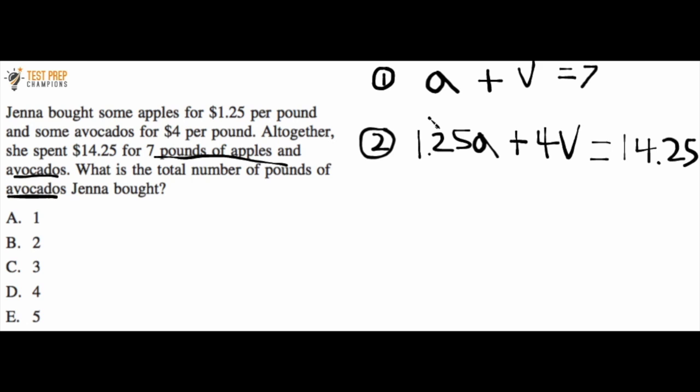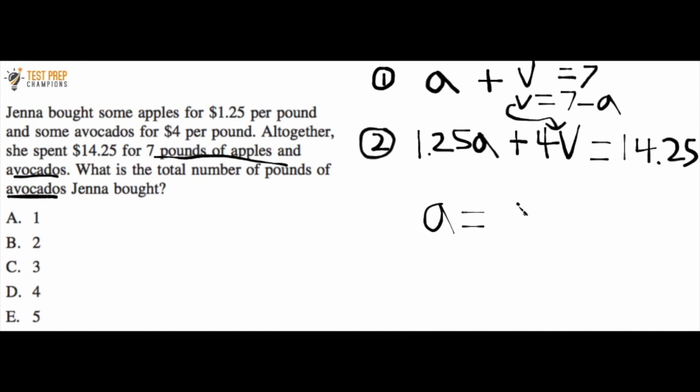You might be wondering, what would happen if instead I solved this equation for V? If I had done it like this, V equals 7 minus A, then I would plug this in place of V. You would do all of this work, and if you do all the math right, you're going to get A equals some number.